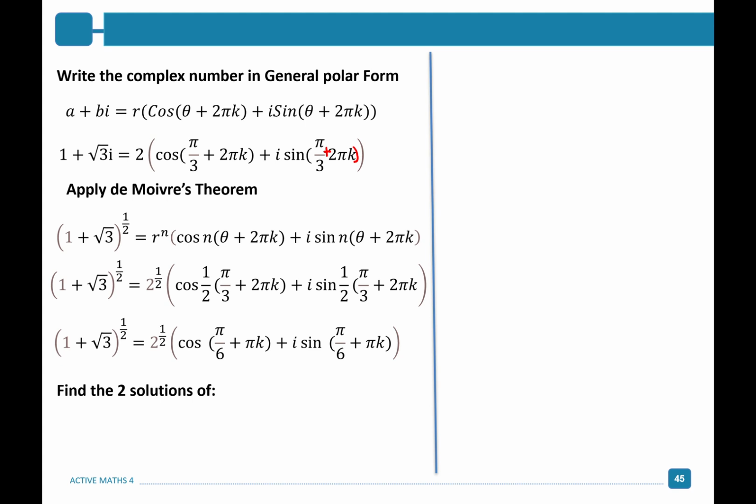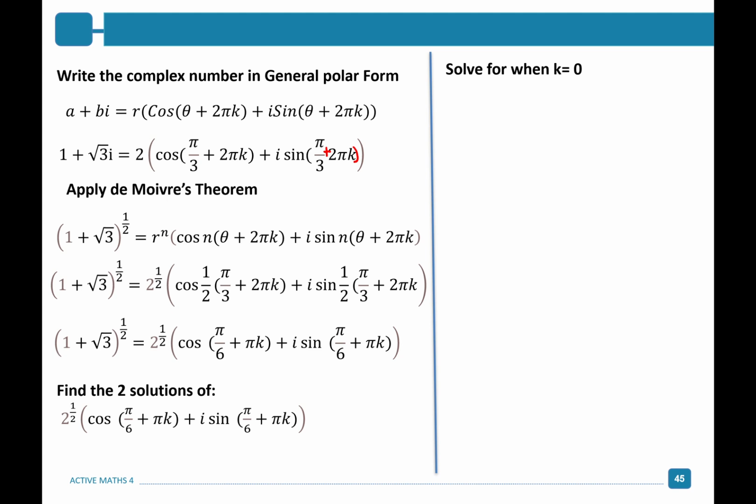We now find our two solutions of 2 to the power of a half times cos of pi over 6 plus pi k plus i sine pi over 6 plus pi k. To do this, we solve for when k is equal to 0 and when k is equal to 1.